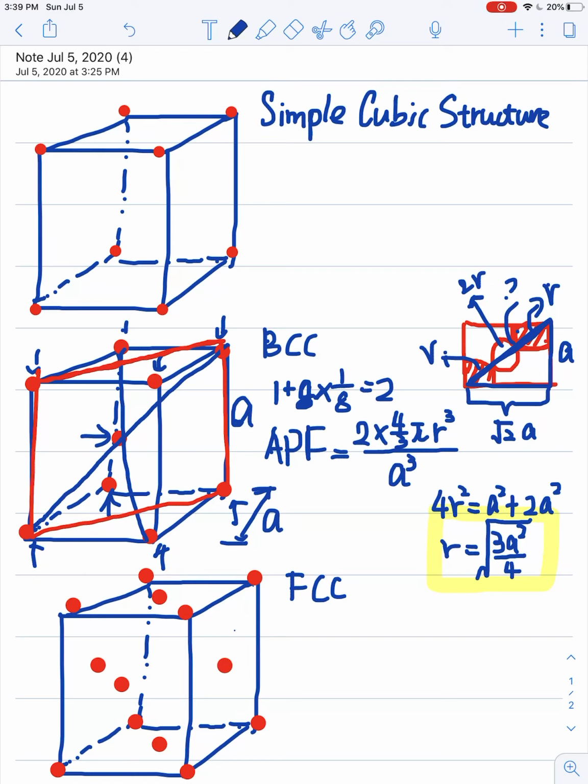Now we know the expression of r in terms of a, and we can plug that in to find the value for APF. It equals 0.68.